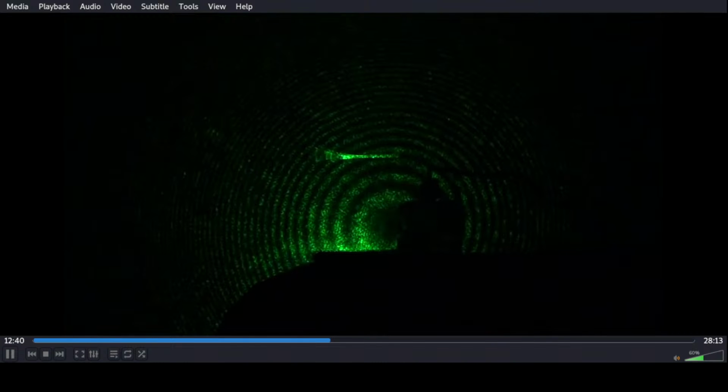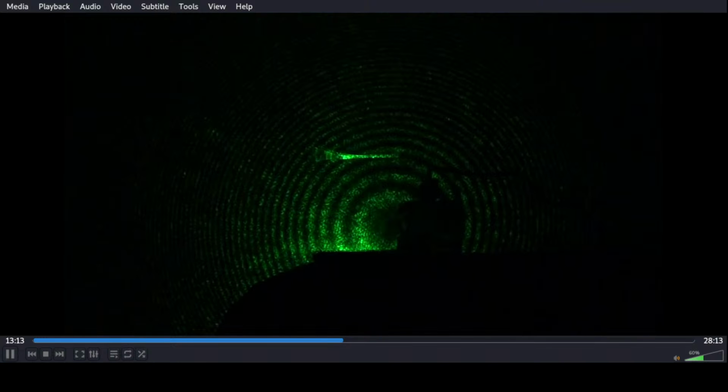You have green circles and then dark circles alternately. These are called fringes. So how come you are getting all these dark and bright circles? We showed you it is a simple reflection from a mirror, and the spot falls on a particular point on the wall. But when I dim the light, you see it is not just one spot, it is a pattern of bright and dark fringes.